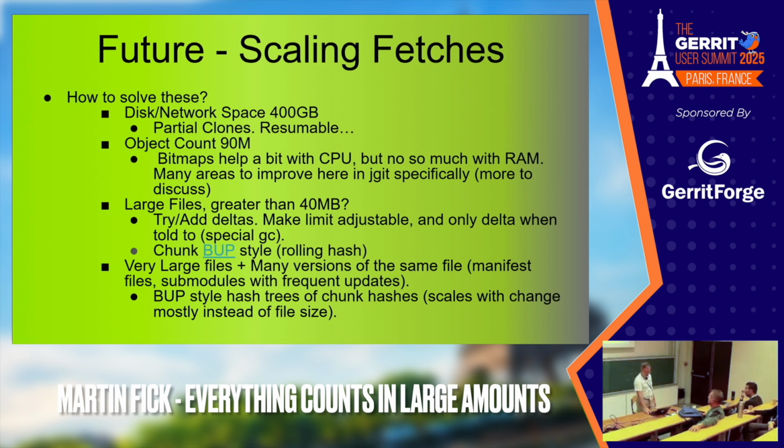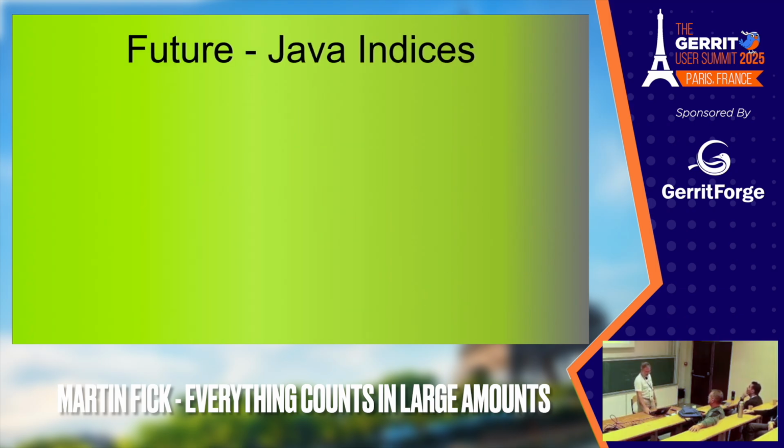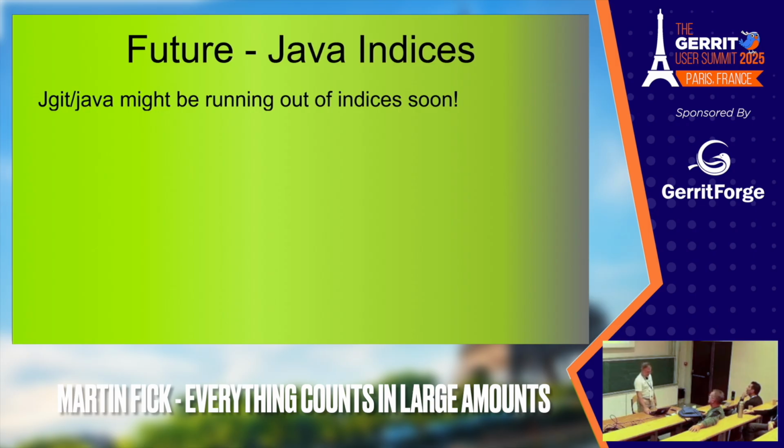And let me get on to some other things, so I can wrap it up here. Here's the problem I'm worried about. No one's talked about this, but maybe it's a Java-specific problem. Java indices are ints. What does that mean?